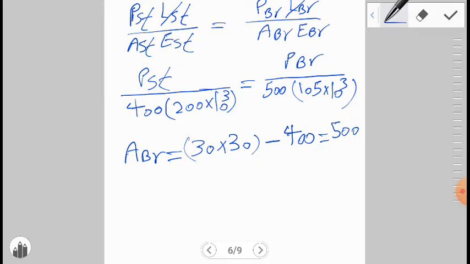And after the simplification, we can write, for example, here P steel is equal to 36.23.